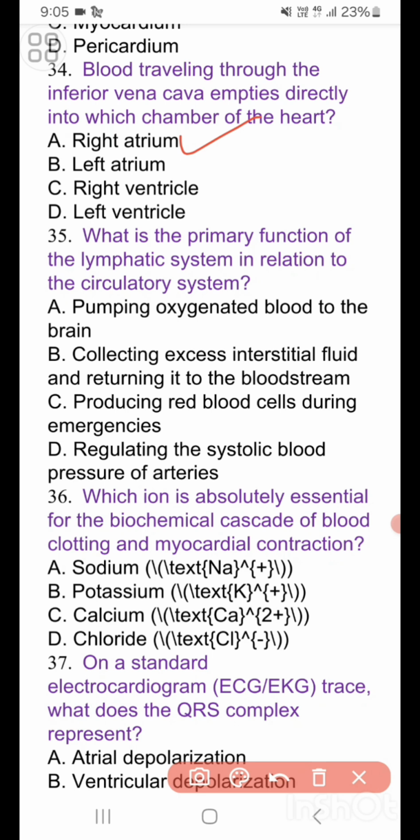What is the primary function of the lymphatic system in relation to the circulatory system? Collecting excess interstitial fluid and returning it to the bloodstream. Which ion is absolutely essential for the biochemical cascade of blood clotting and myocardial contraction? Calcium.